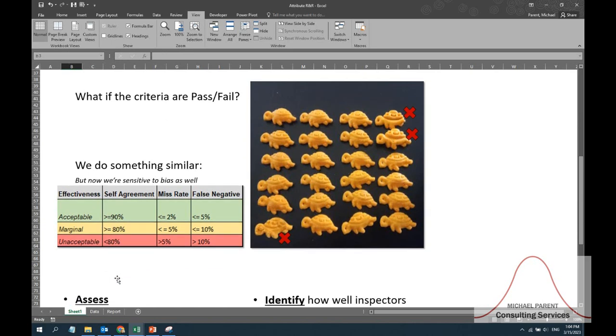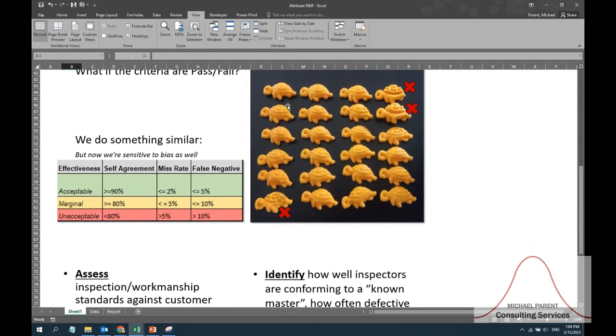Okay, now how do I compare that? I want to send this, let's say I'm the master, and I say, I'm the sommelier, I'm the cicerone, I'm the connoisseur who knows what's a good cracker or not. Now I need to look at my inspectors, and I need to see if they agree with my master opinion. And if they do, we would say that we have a good measurement system.